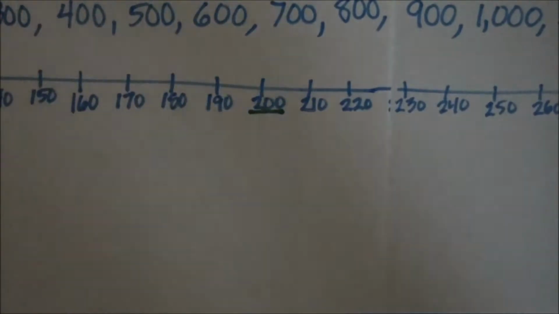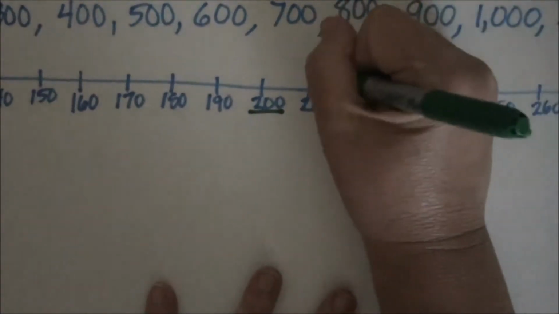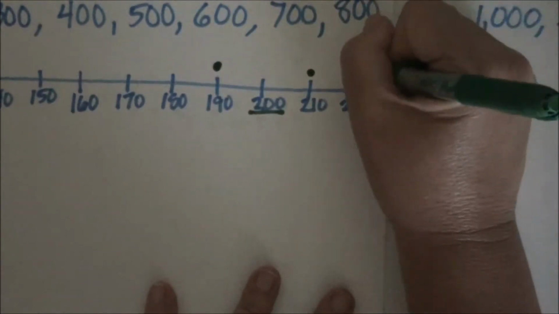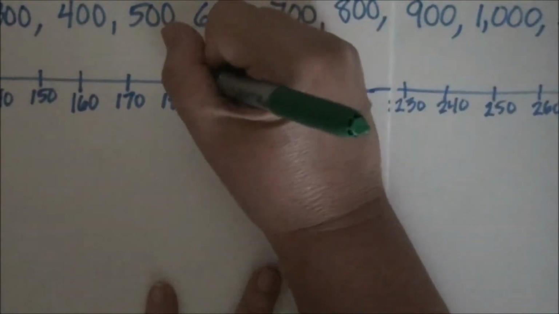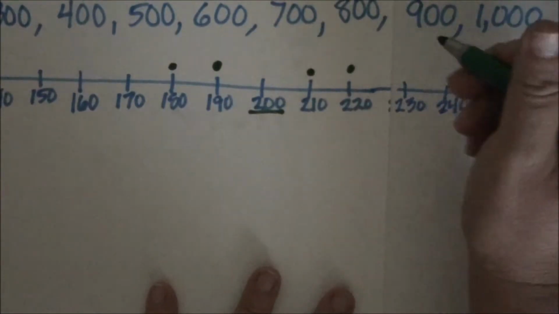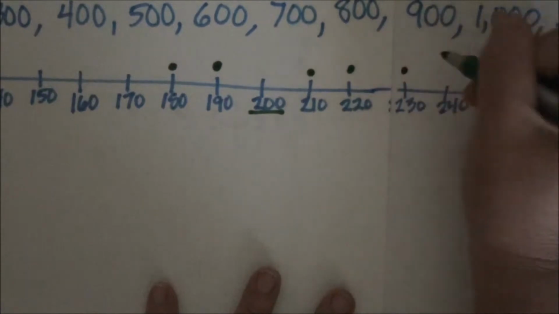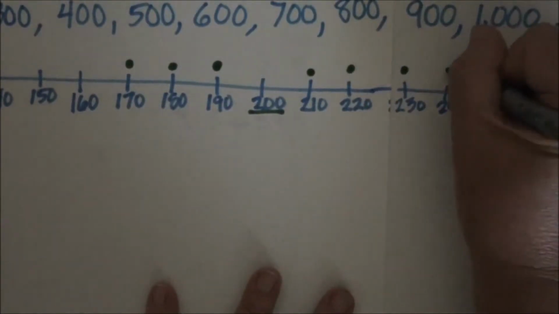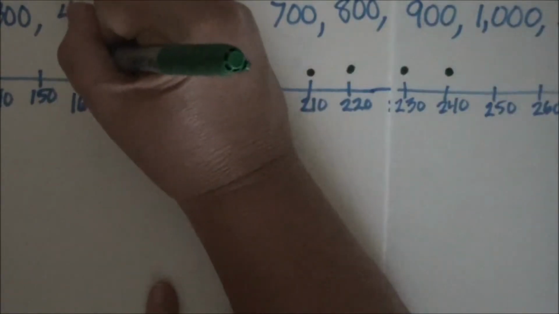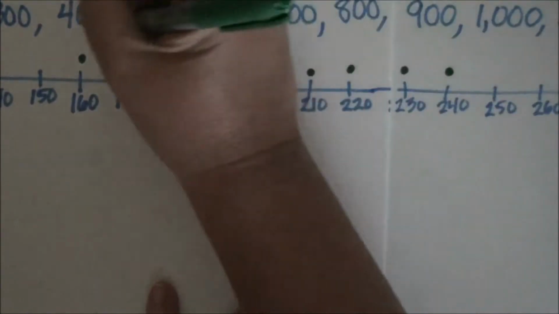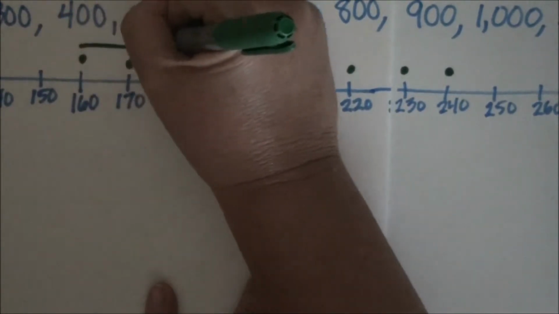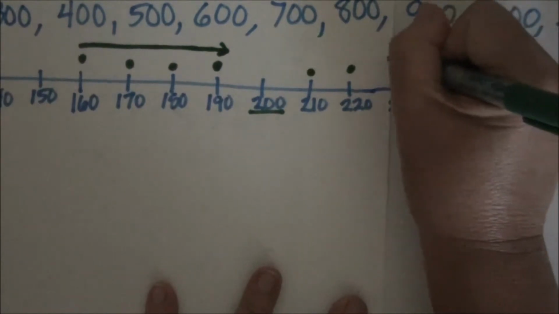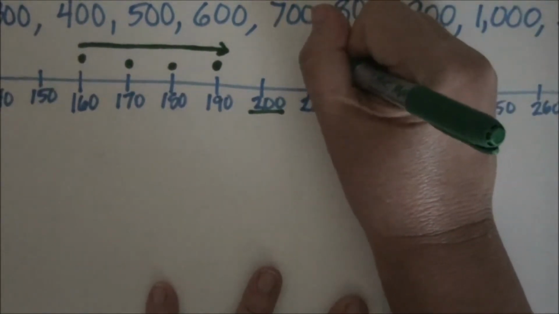All right, so 210 is close to 200. 190 is close to 200. 220 is close to 200. 180 is close to 200. 230 is close to 200. 170 is close to 200. 240 is close to 200. And 160 is close to 200. Now I'm going to show that I round these up and I round these down to 200.